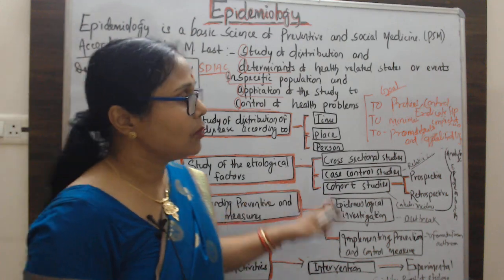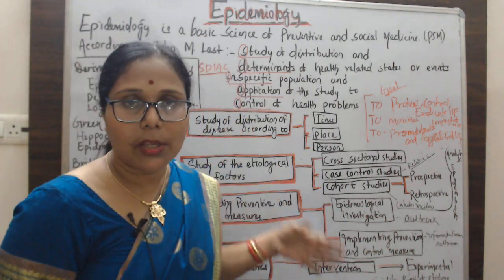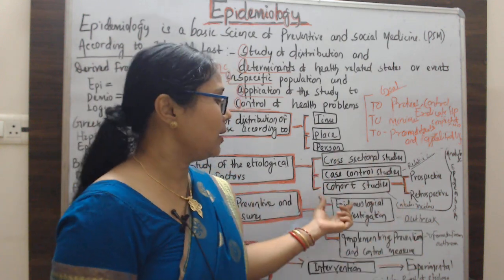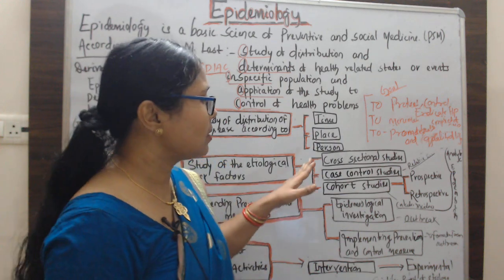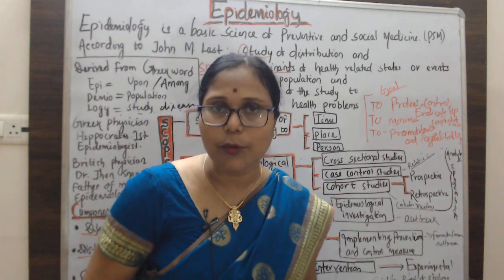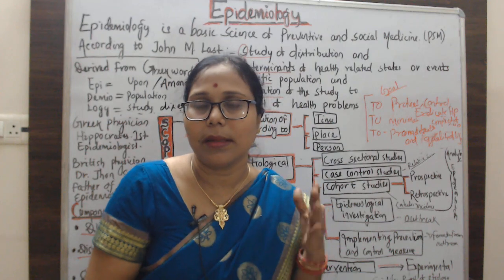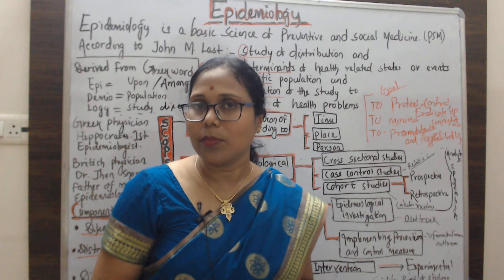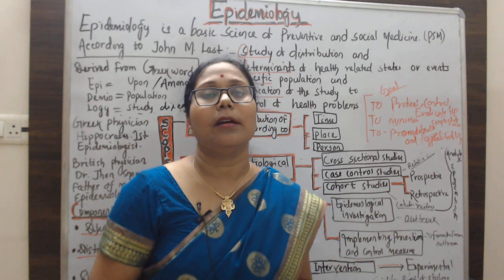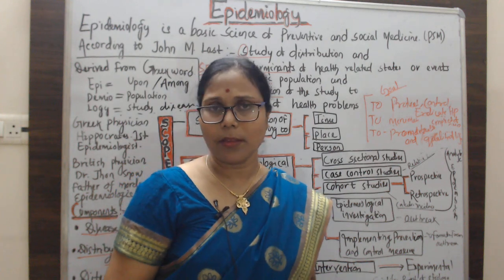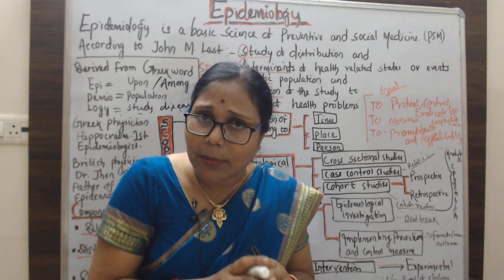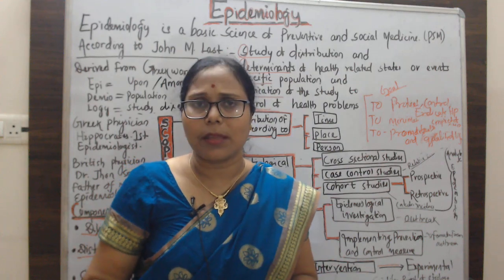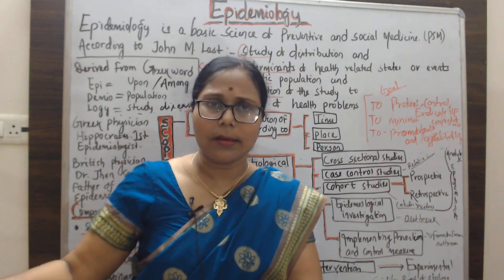Here we have to study in three ways. One is the cross sectional study, second is the case and control study, and third is the cohort study. In the cross sectional study we take groups. A better example we know: those who have the habit of smoking, and those who are obese, there may be chances of lung cancer, but it's not common to all, because not all persons with the habit of smoking or obesity suffer from lung cancer.